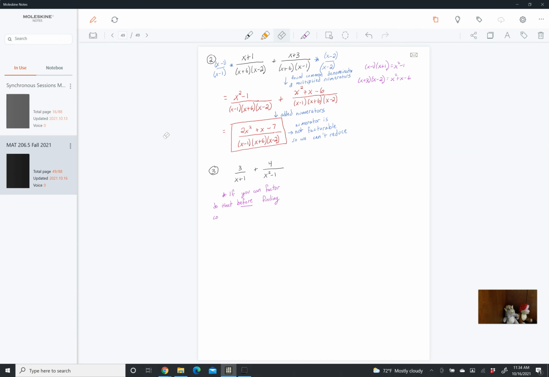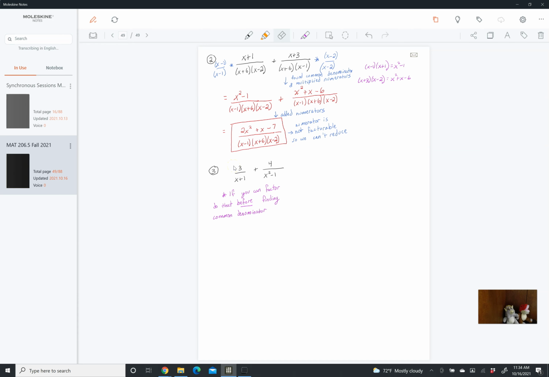There are two reasons for this. The first reason is the reason that you'll see in this example and in the next one. In the last two problems, you'll see the second reason. So the first reason is that if we don't factor first, sometimes we get a common denominator, but it's not the least common denominator.